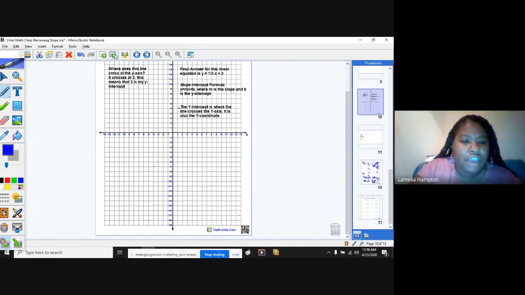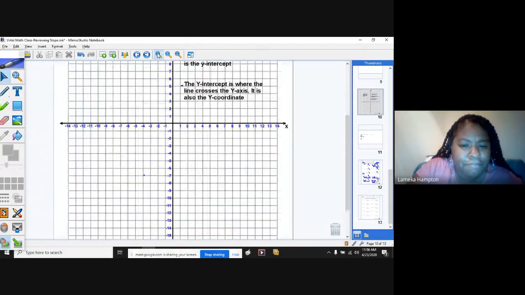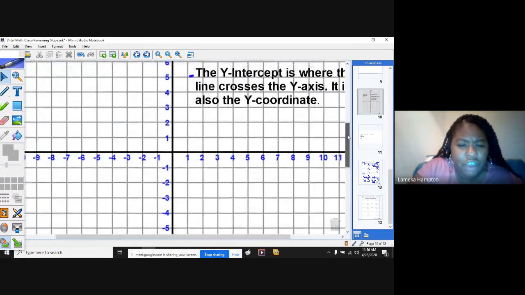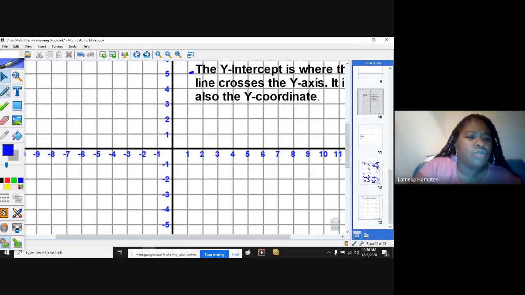So let me go ahead and make this big because I can't even see it. I think that actually might be good. All right. So you just told me, Miss Philomena, that my y-intercept was -2, right? So the first thing you have to do is graph your y-intercept.